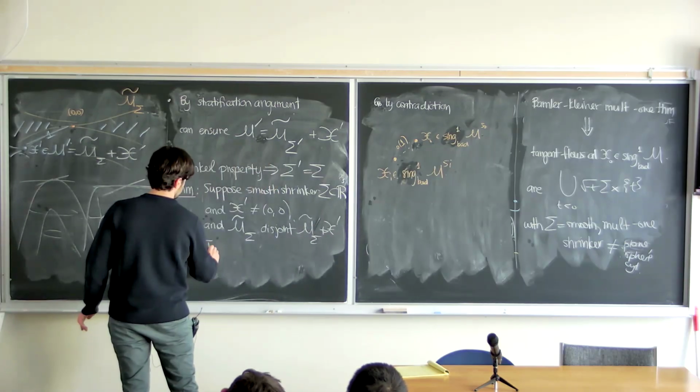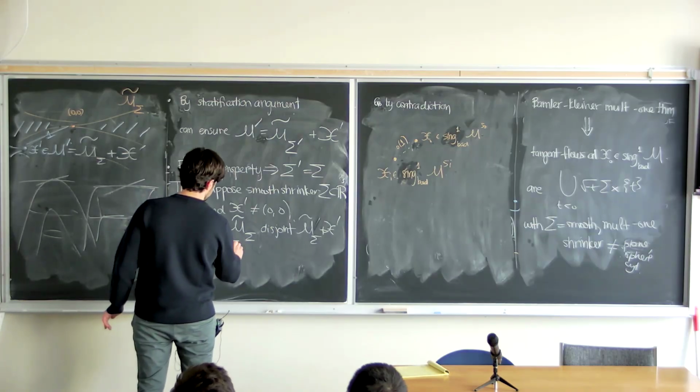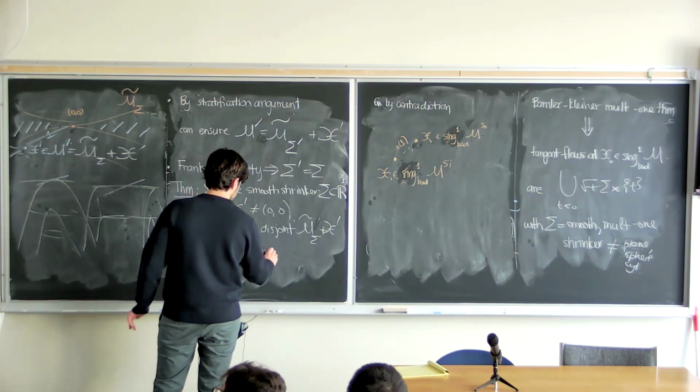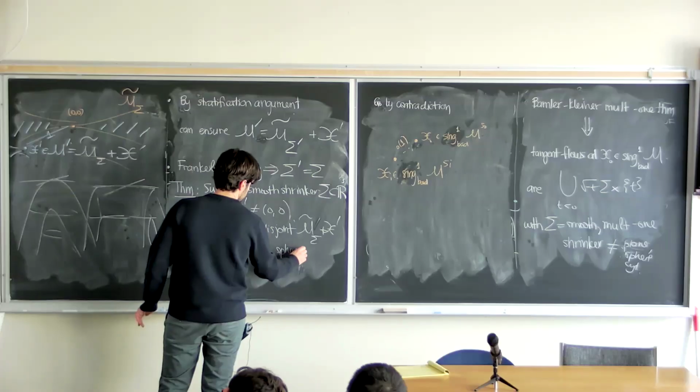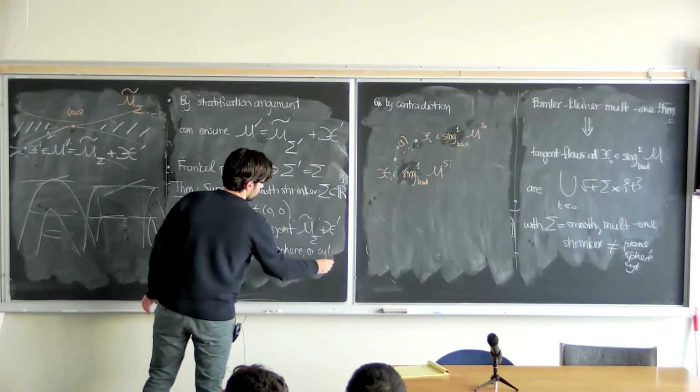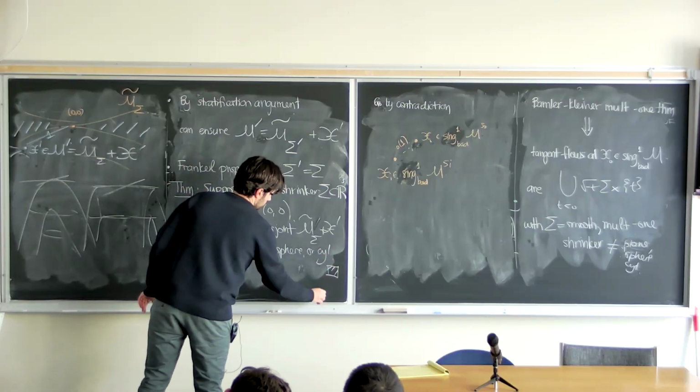Then sigma is a plane, sphere, or cylinder. And then we're done.